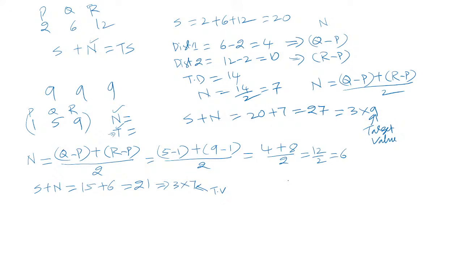So how do they become 777? Now let us write it here. Initially it is 1, 5 and 9. Now I increment this by 1, I increment this by 1, I decrement this by 1, so this becomes 2, 6, 8.